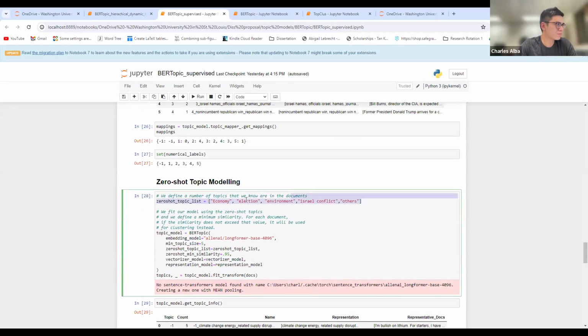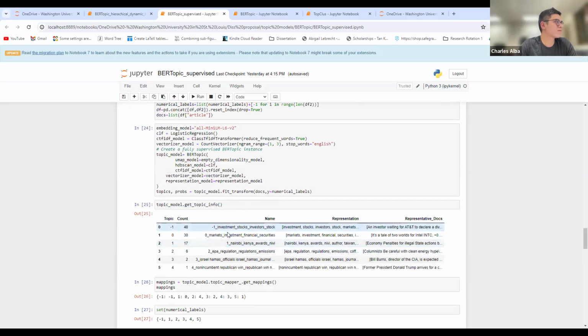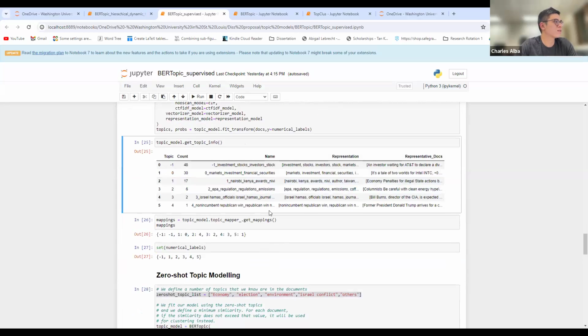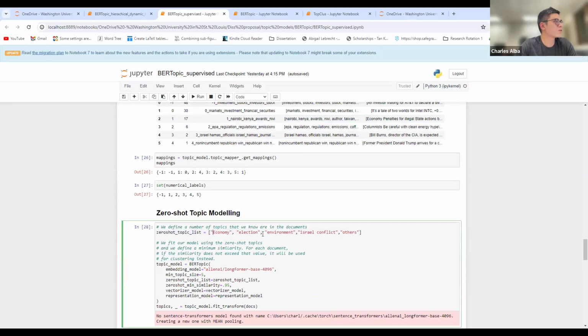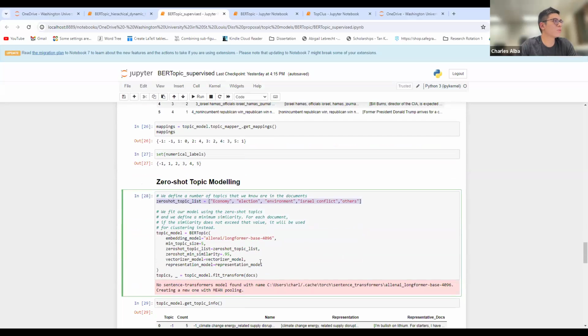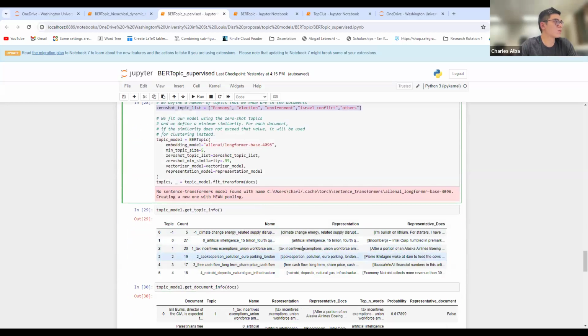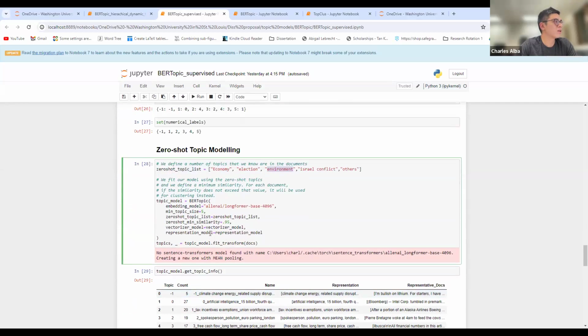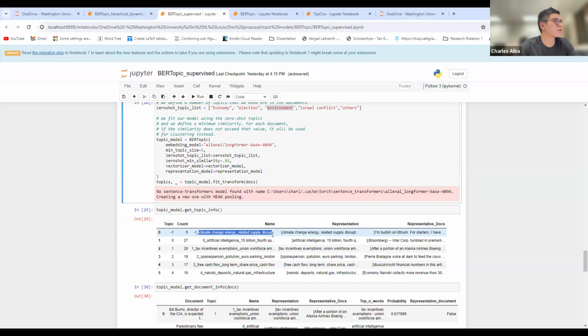For example, I have read some of these outputs and I think, okay, maybe this is the economy, this is the Israel conflict, this is the election. So I'm just telling the model, hey, I think these are some of the topics. Can you give me better outputs based on what I think are the topics? So it then gives me, as you can see, I gave one on the environment. It gives a much better one: climate change, energy-related supply disruptions.